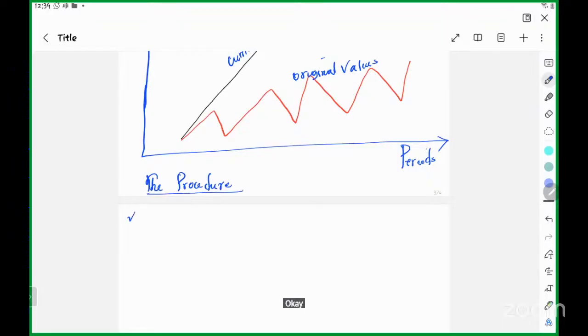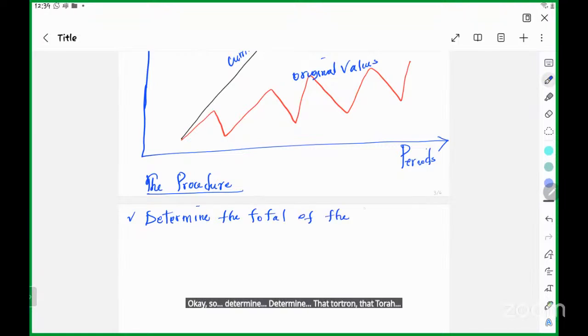Okay, so determine the total of the prior period.